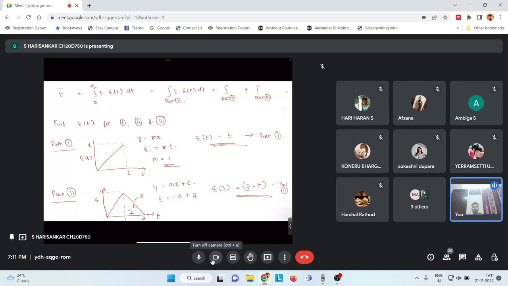Here we used the y equal to mx plus c concept, because all the residence time curves were basically straight lines. We found the terms for E of t for the different lines, and then integrated and added them together to get the mean residence time.